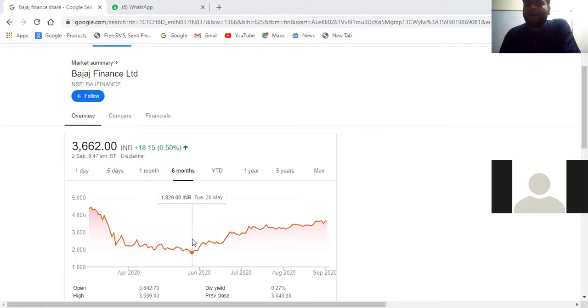But when the lockdown started lifting, lockdown 1, then unlock number 2, unlock number 3, unlock number 4, unlock number 5, the cases became normal, meaning whatever fear we had with the COVID decreased. Then market economic activity increased, all the shops opened, and the share value started to increase.